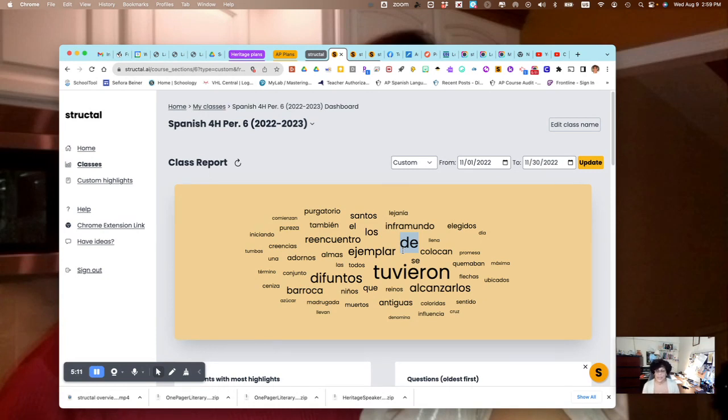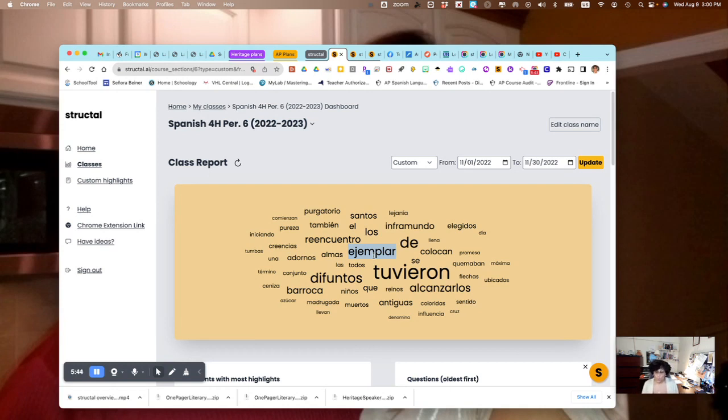So how do I use this word cloud? Okay, a lot of times I use it for brainstorming before the unit and the theme, right? They're reading something, and now this is where we're going to pull a lot of that vocabulary that we need. So if we look at these words that they all highlighted, it was all based on the concept of death and El Día de los Muertos.